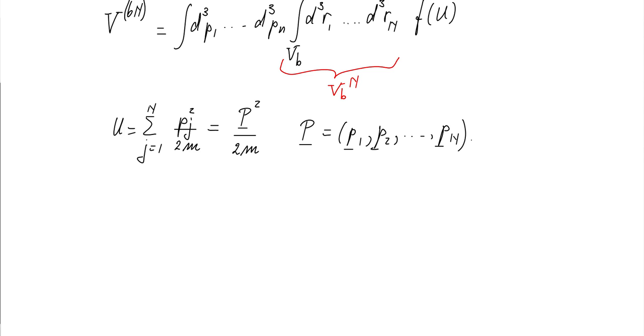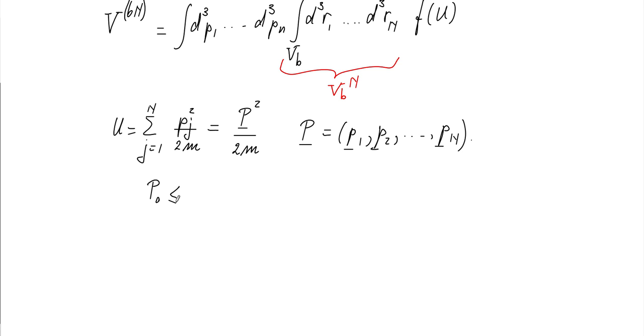So if we integrate over a spherical shell in the 3n-dimensional momentum space, then we integrate over those P which are within two limits. So we have P0, which is the lower bound for the length of this vector.